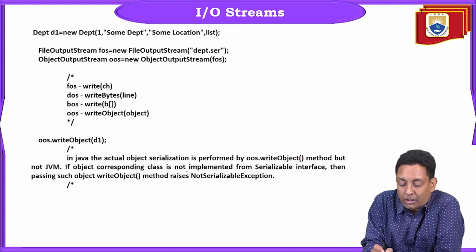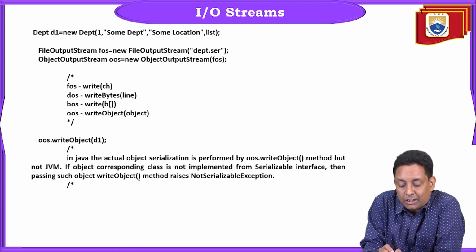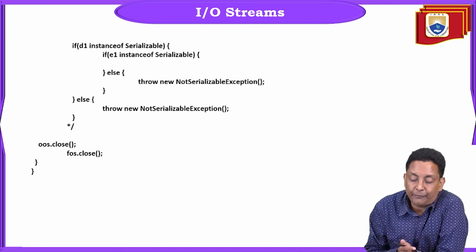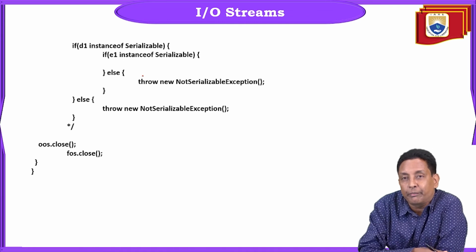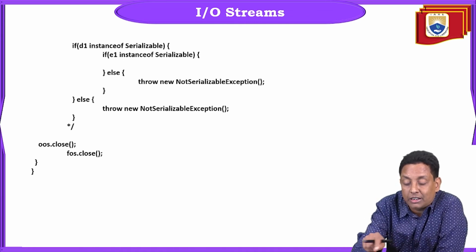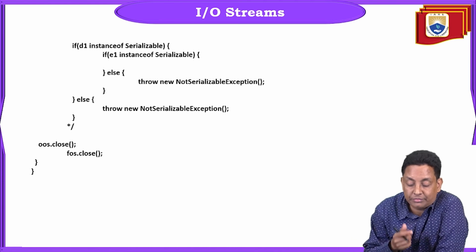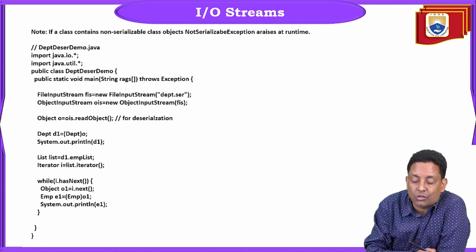If the object's corresponding class does not implement the Serializable interface, then passing such an object into the writeObject method raises NotSerializableException. This is how it is internally checked whether the object is an instance of Serializable or not. Finally, the ObjectOutputStream and FileOutputStream objects are closed.